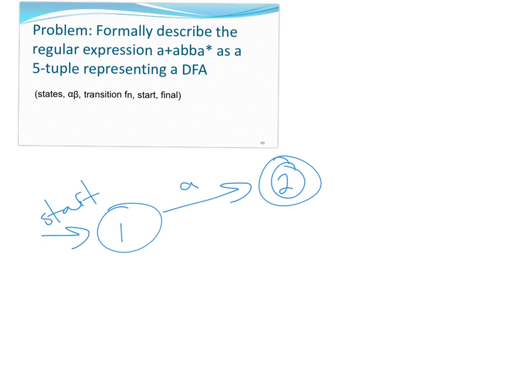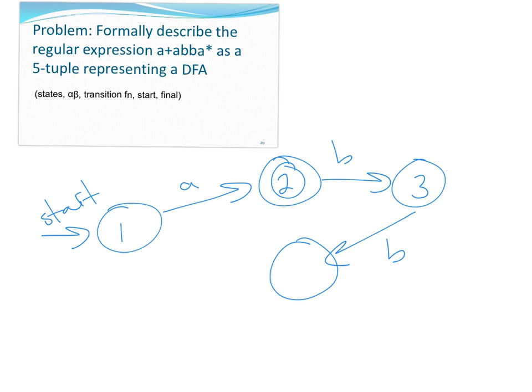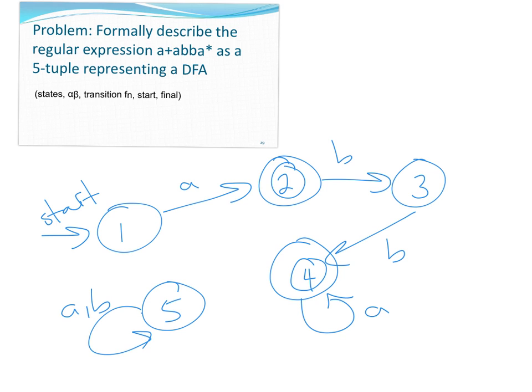We also accept if we see A, and then we see a B, and then we see another B. Well, we accept that, or if it has 0 or more A's after it. And there's definitely strings we don't accept. So let's just set up a trash state.